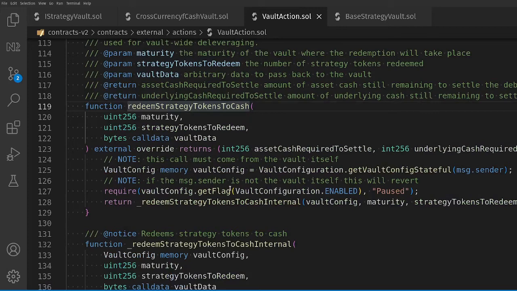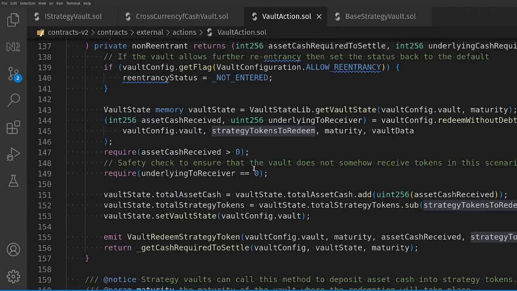It can only be called by the vault itself, and what it's going to do is call the vault back. This is going to call redeem from notional with these parameters, so it's going to do a little callback here, and it'll update the accounting in the vault state to increase the asset cache and decrease the strategy tokens here.